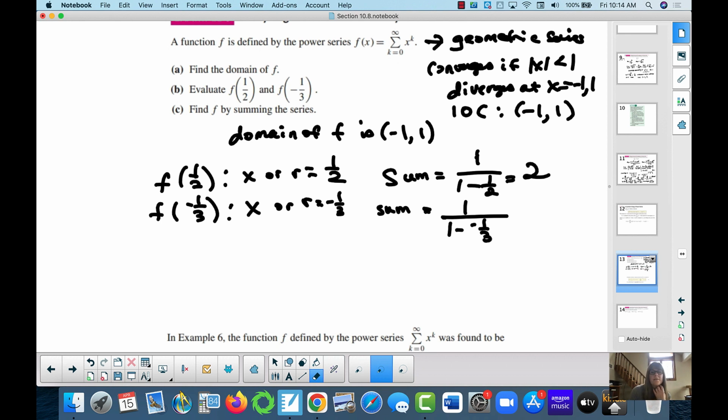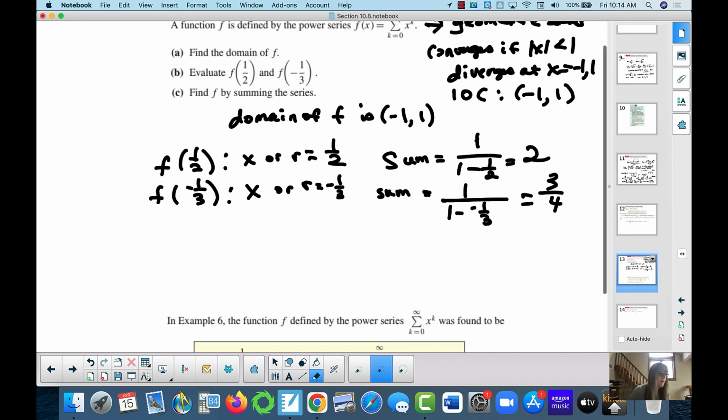Well, 1 plus 1/3 is 1 1/3 or 4/3. 1 over 4/3 is 3/4. So I can find the value of f of negative 1/3 by finding the sum of the series, using the formula for a geometric series, to get 3/4.